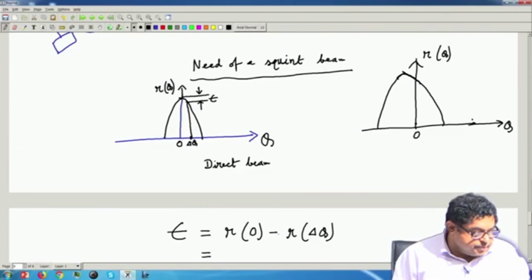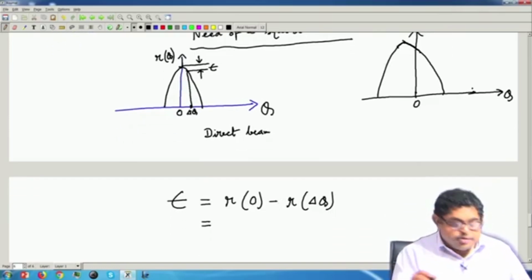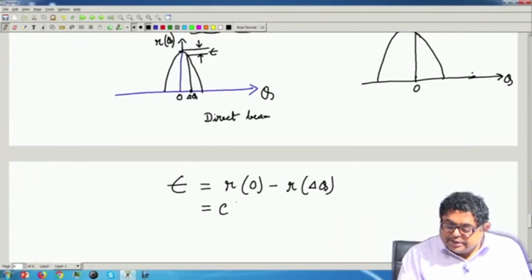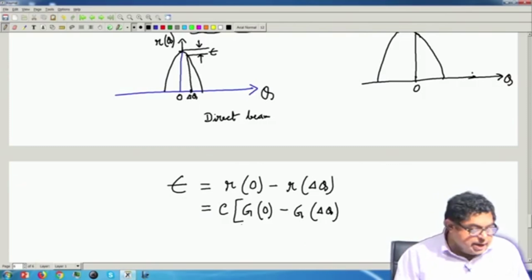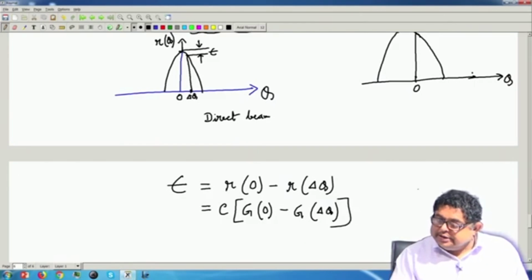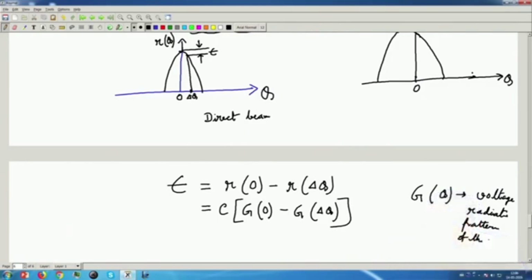Now, this is the return. So we can say that if the gain pattern of the antenna is this, then this G of theta is the voltage radiation pattern of the antenna.